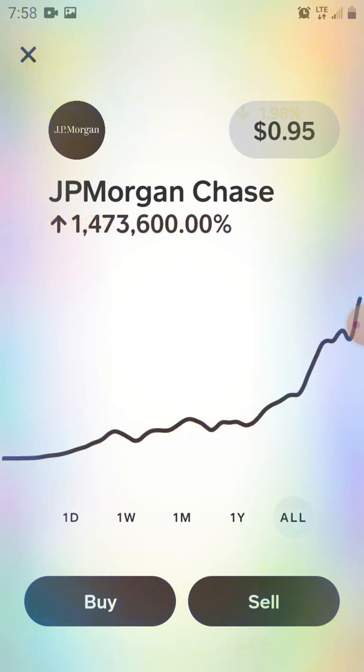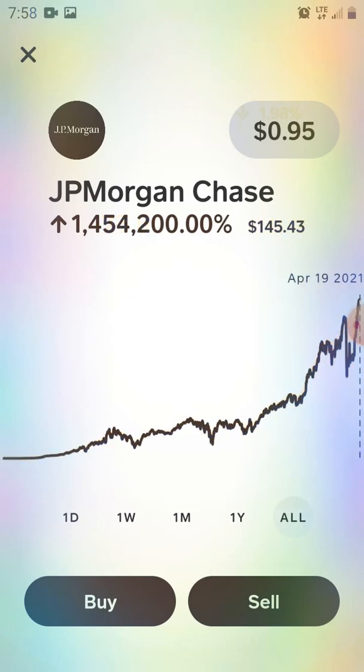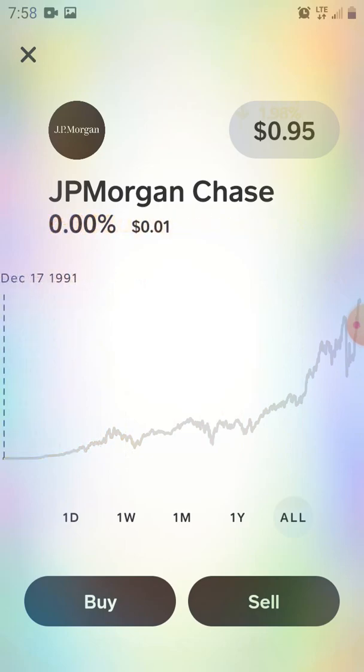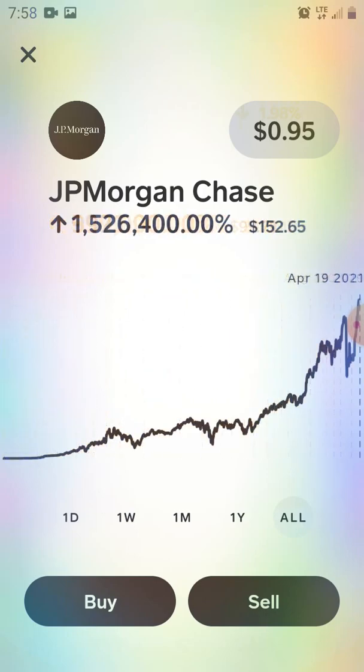We'll end with Morgan's maps. If you check it out, they're up 1.4 million percent. The stock's at 145 right now, and it started out as a penny stock in 1991. If you would have bought a penny stock in 1991 and held it till now, it'd be worth $152 a share. From a penny to $152.